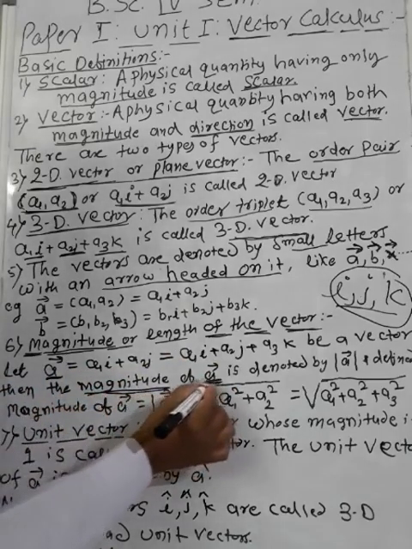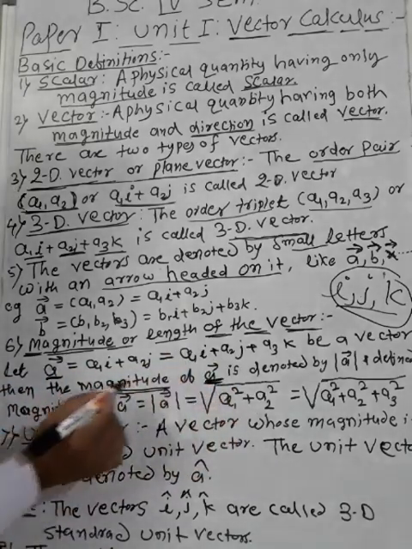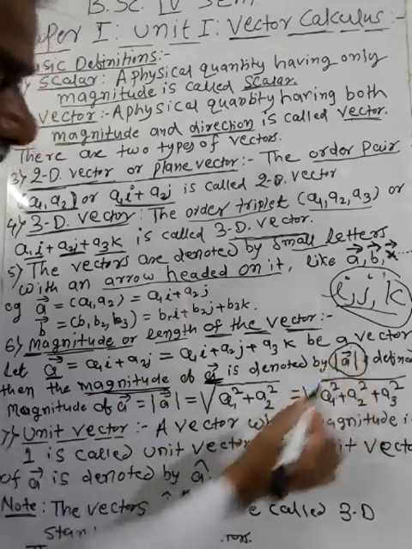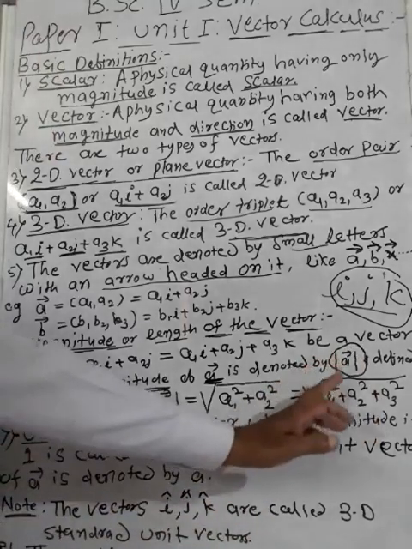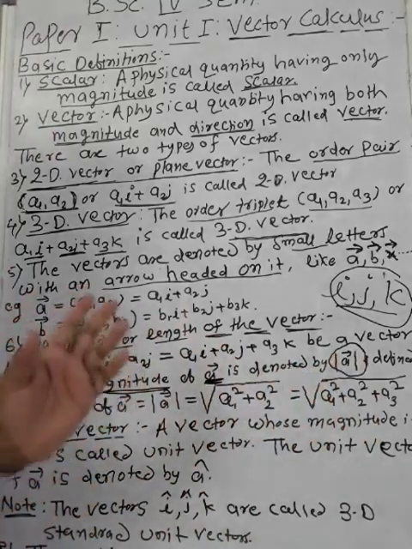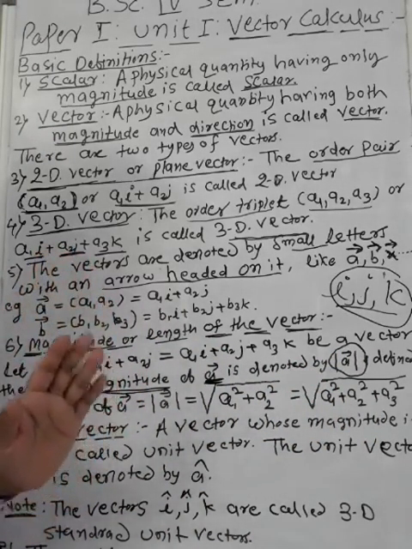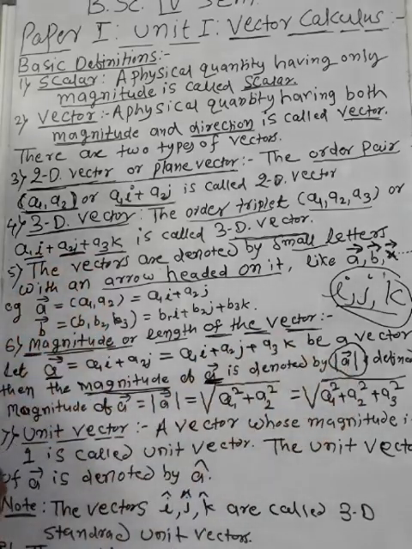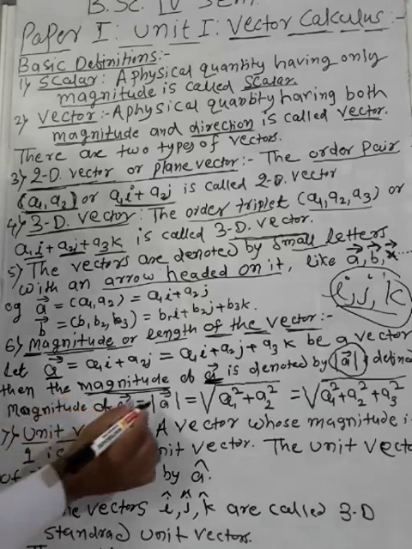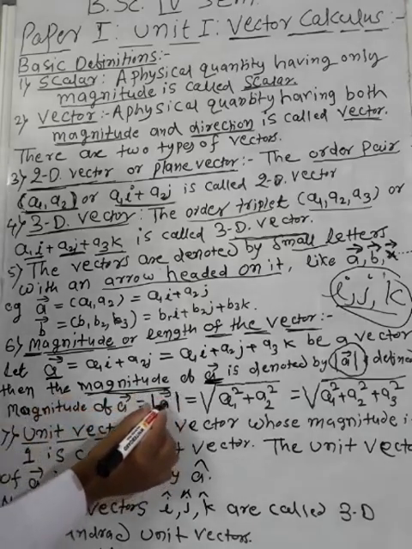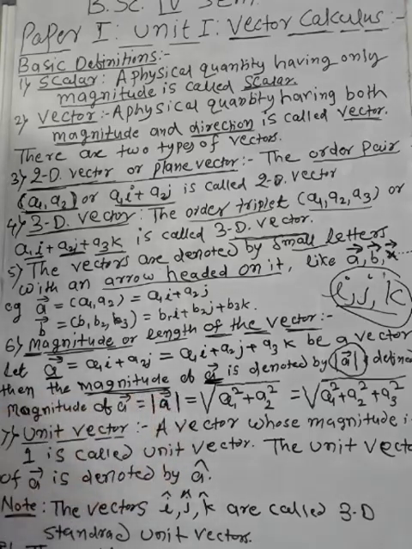The magnitude of a vector A is always denoted by mod A. Mod A represents the magnitude of a vector, and hence the magnitude of a vector is denoted by mod vector A.